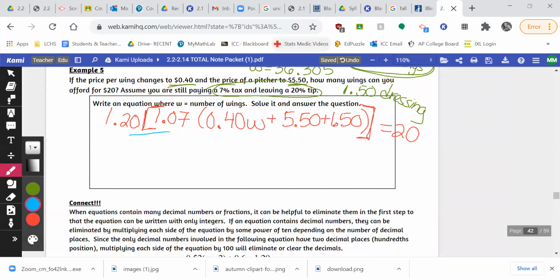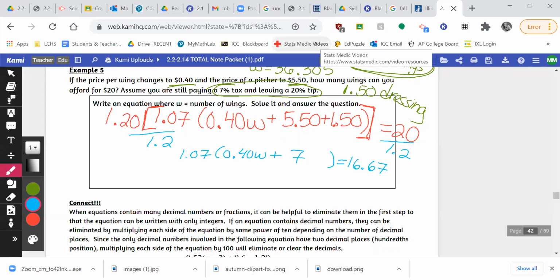So I'm first going to divide both sides by 1.2. And I get 16.67. While I write the left side, I'm going to add those together. 5.50 and $1.50 give me 7.